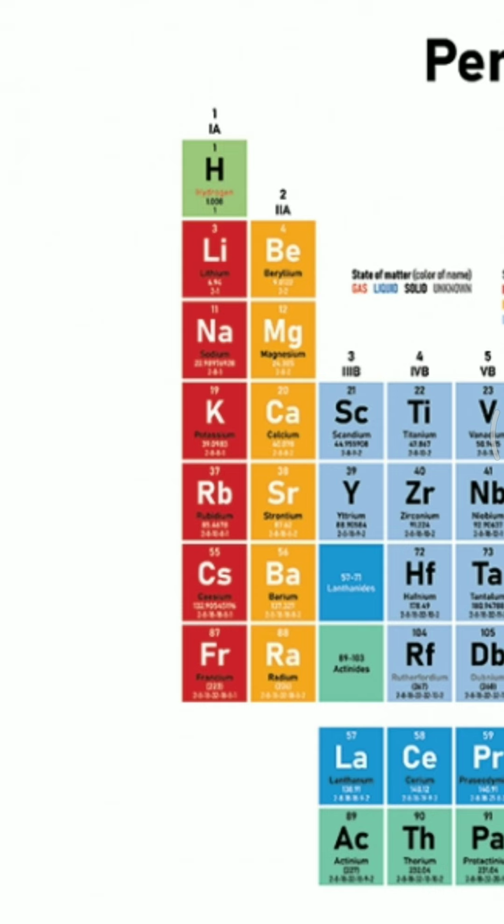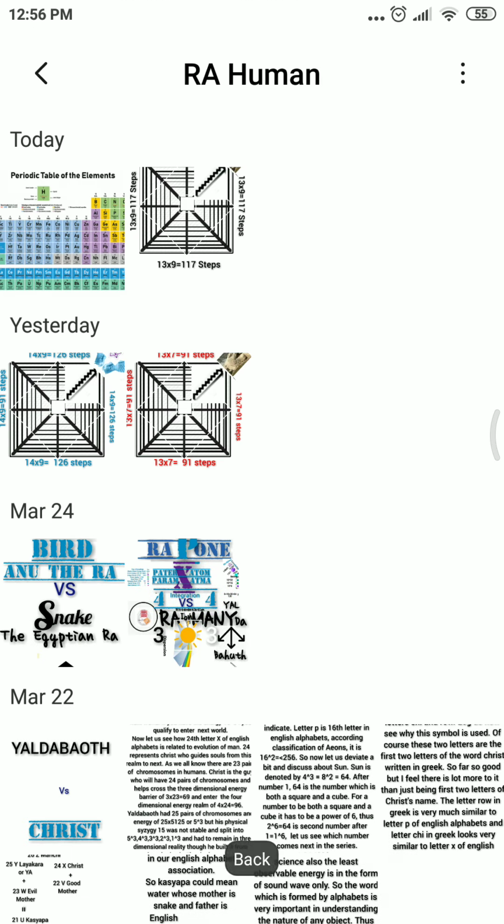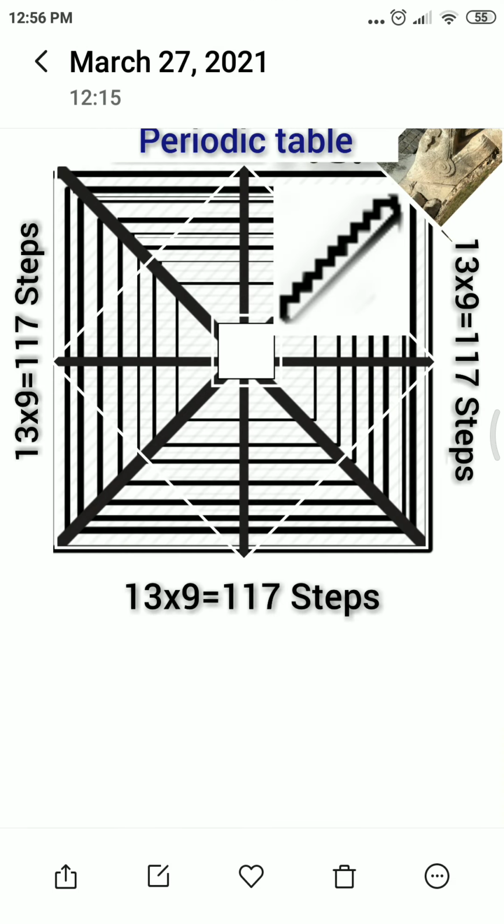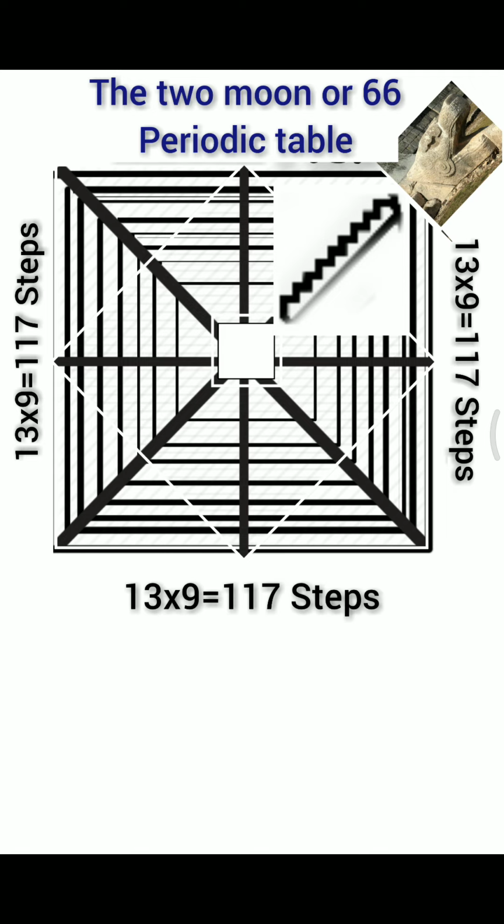So let us now go to our pyramid. This is our pyramid. Now I would like to connect science with esoteric symbols. That is basically the Chichen Itza pyramid. The Chichen Itza pyramid tells you a lot about the structure of this three-dimensional world, and life itself.